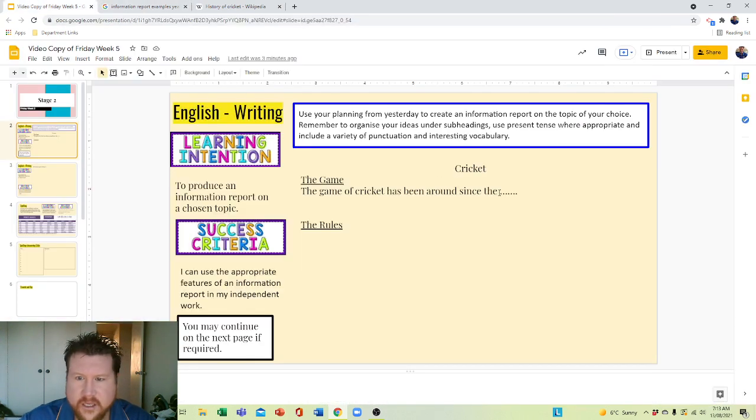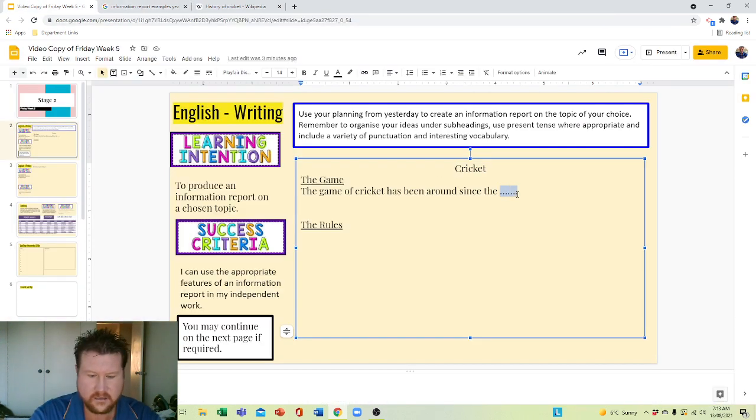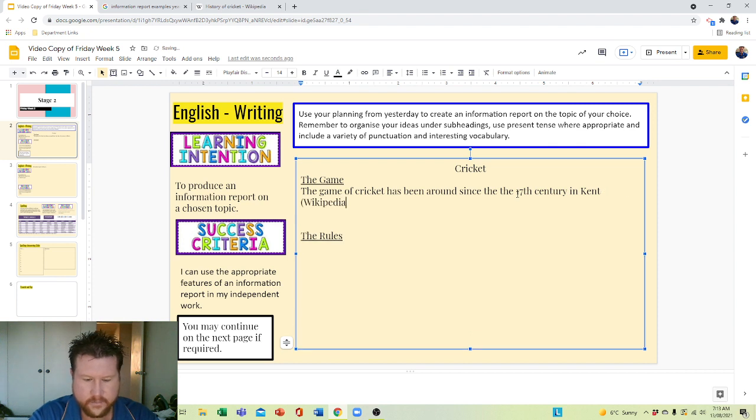So I might even put here since the 17th century in Kent, which it said there, and then I might put in brackets Wikipedia, comma 2021. It says where I got the information from.